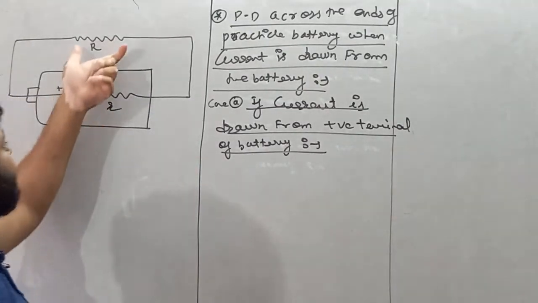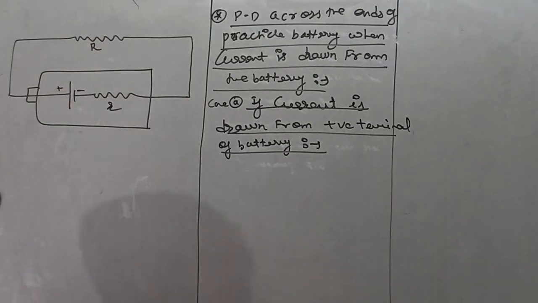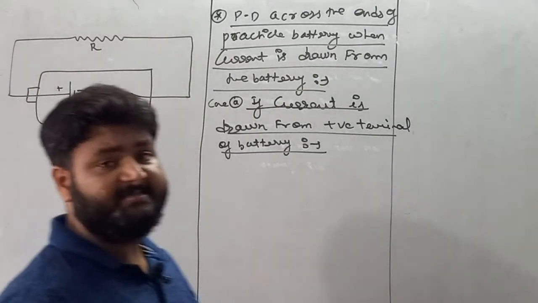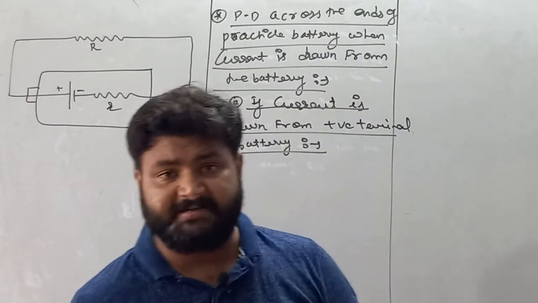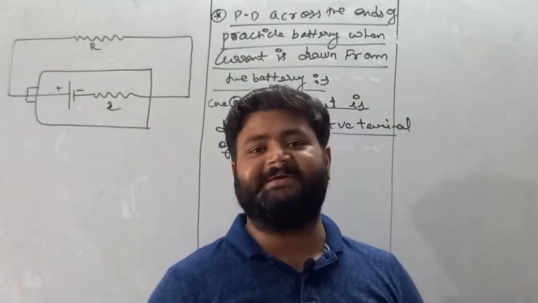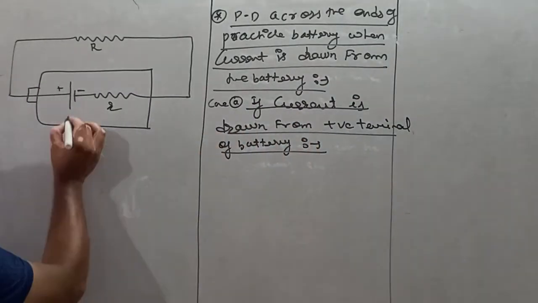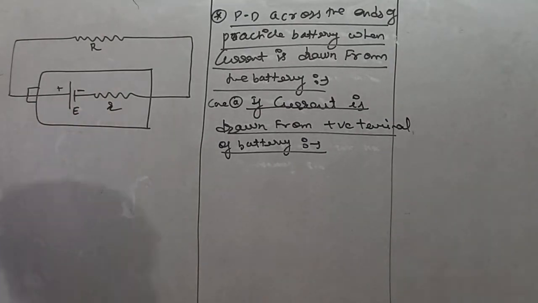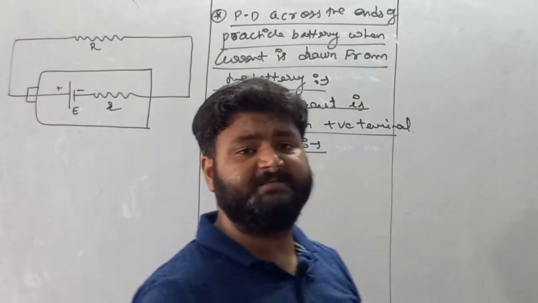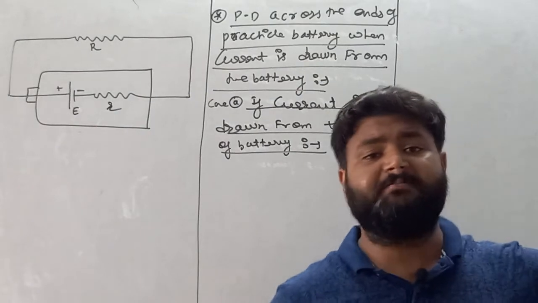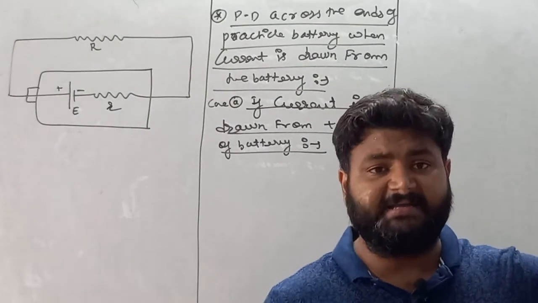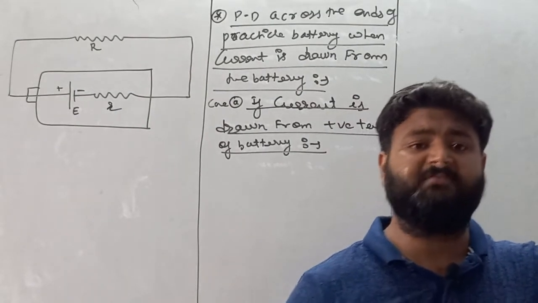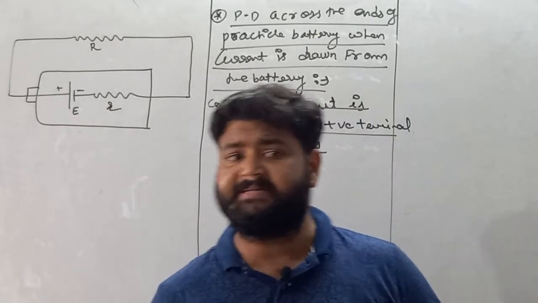Now this battery is connected with an external circuit, first thing. Second thing, we already discussed that the terminal potential of the battery is always equal to the EMF. So from now I'll write E in place of V. Don't get confused, dear student. As we know, EMF is represented by E, and the EMF of the battery is always equal to the potential of the terminal.